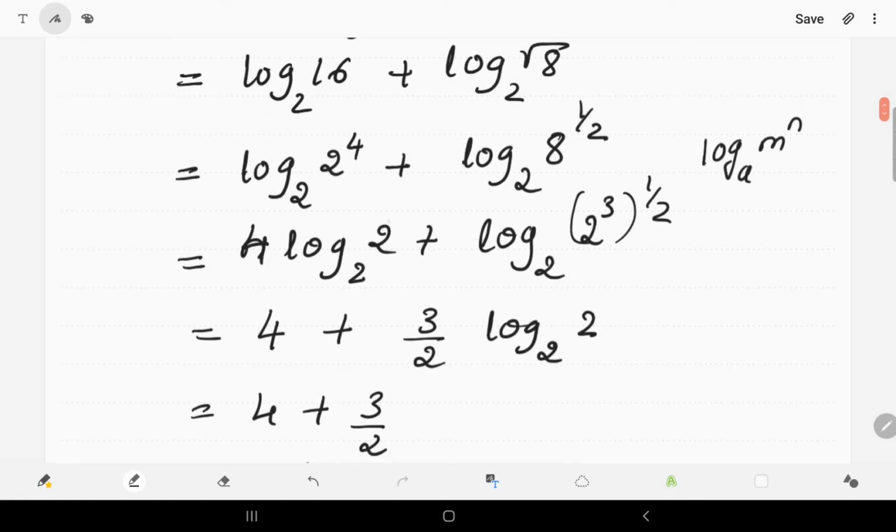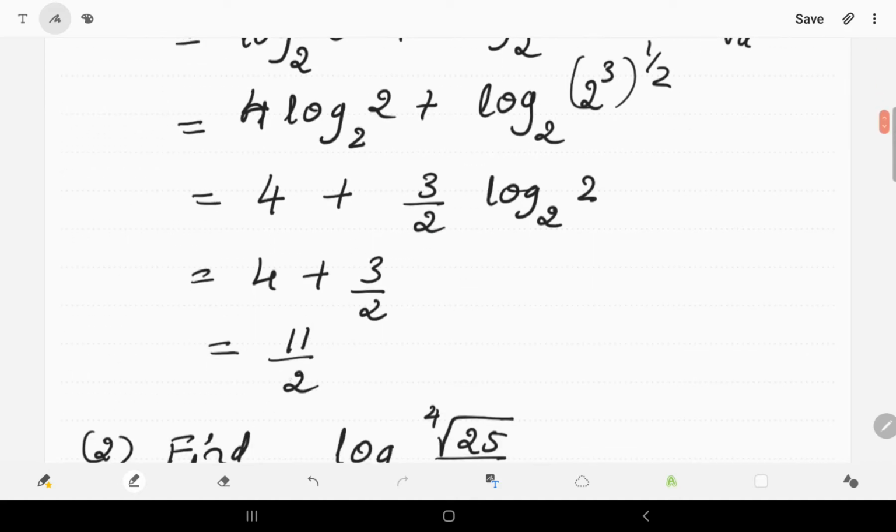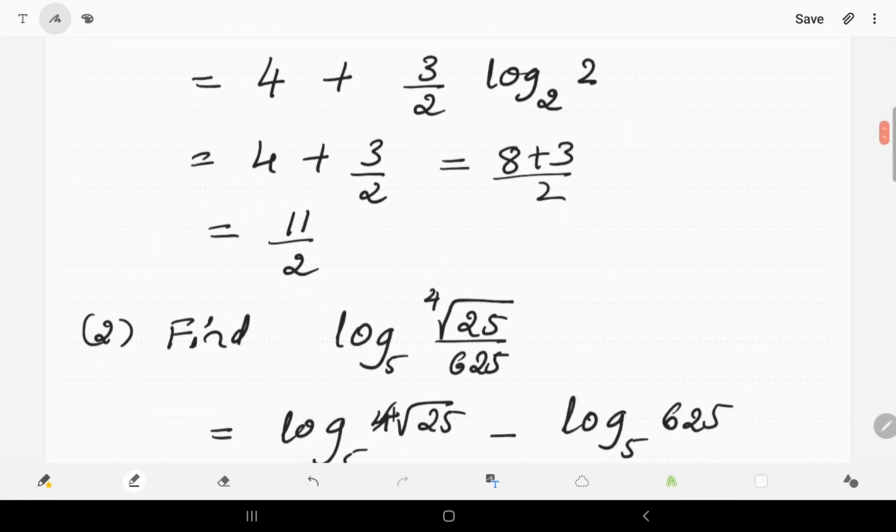But here 2 is there, base is also 2 and this is also 2, so its value is 1. So 4 plus, again this value is 1, that is 4 plus 3 by 2, that is equal to 11 by 2. This one you know. So 4 2s are 8 plus 3 by 2, that is equal to 11 by 2.